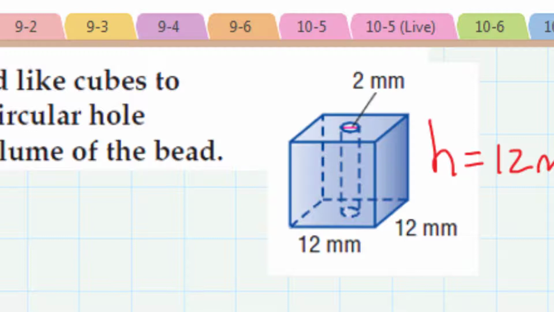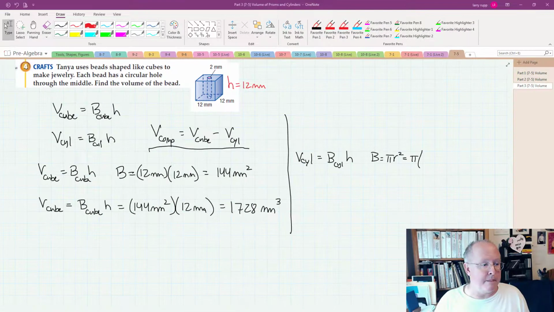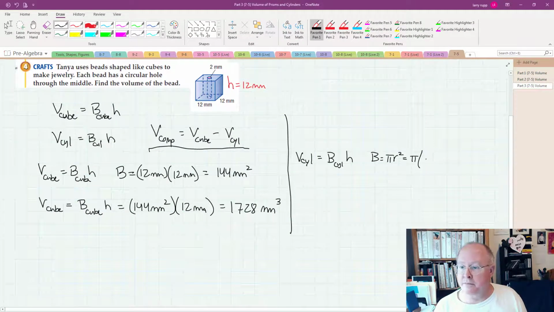That makes that measurement a what? A diameter. Therefore, the radius of this object is 1 millimeter. Over here then, we have 1 millimeter as our radius, and that's squared.